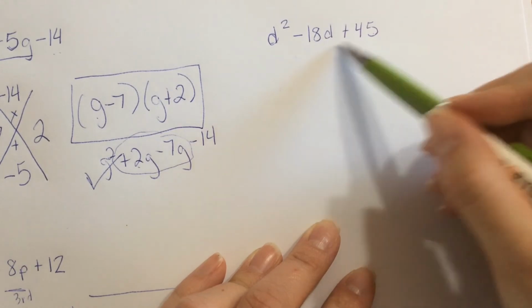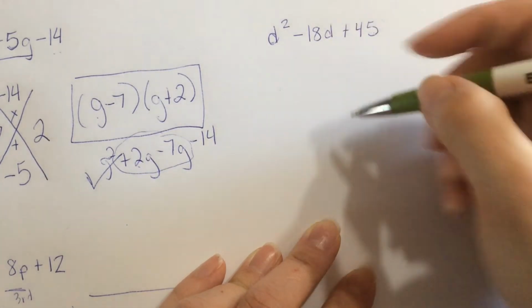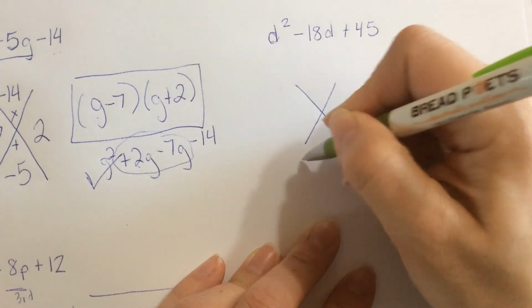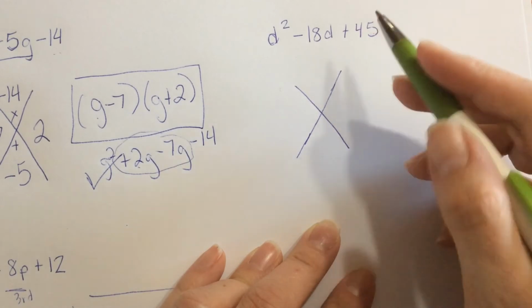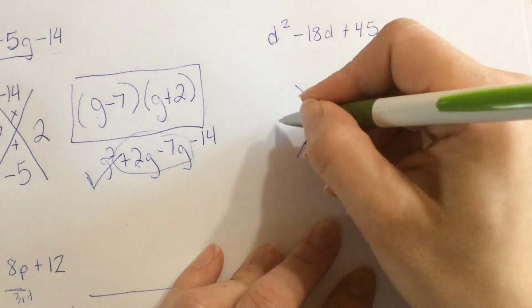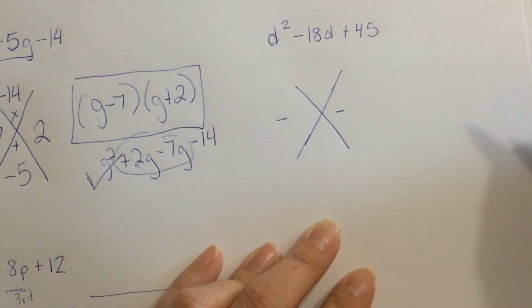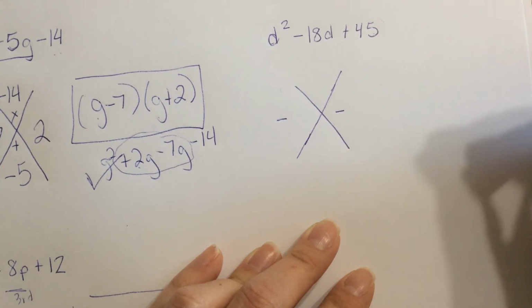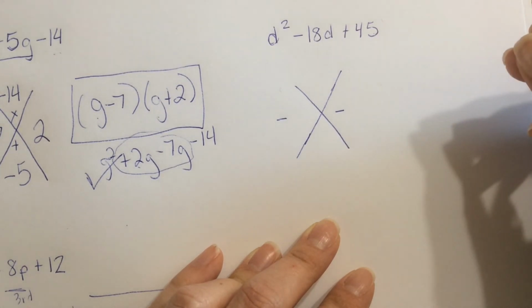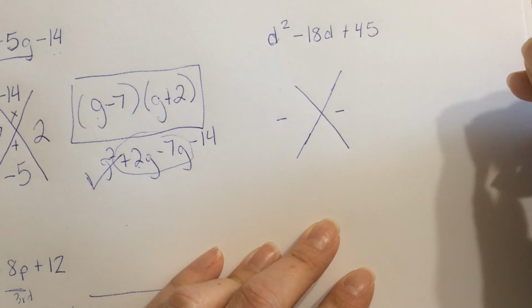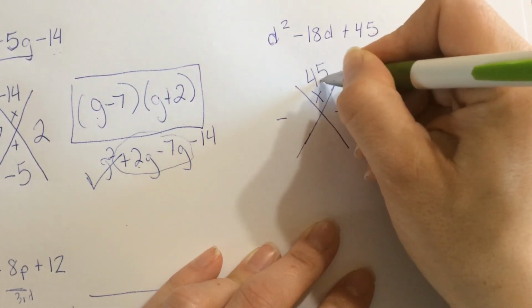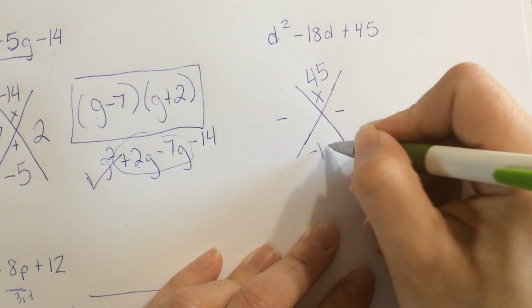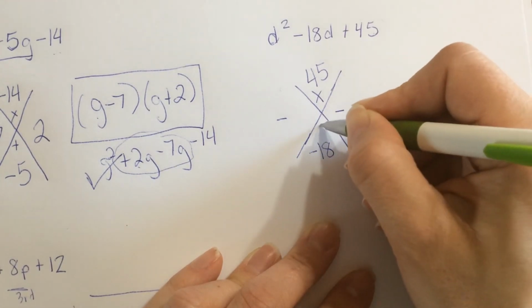So anytime that third term is positive, we again know our signs have to be the same. But in this case, they both have to be negative. The reason I know that is that a negative times a negative is a positive, but a negative plus a negative is still a negative. So I'm multiplying to get 45, and I'm adding to get a negative 18.